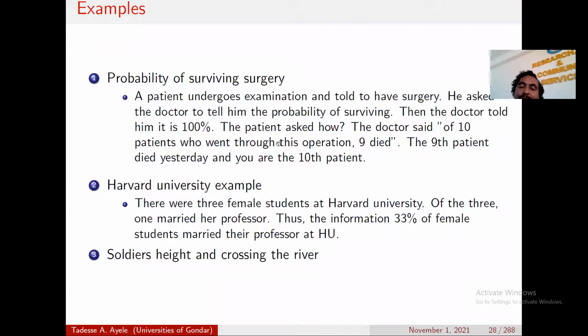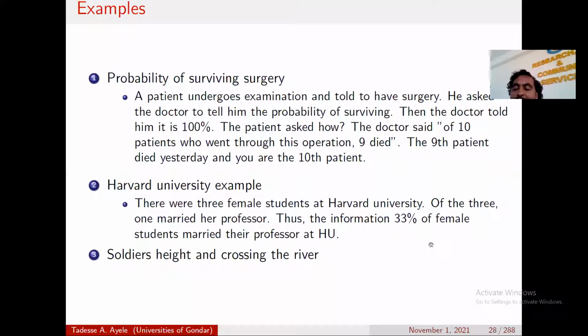That was the theoretical example. Now let me move to the second, the Harvard University example, which is often told. At Harvard there were 3 female students. Among the 3, only one married her professor. Then an article was written: 33% of female students at Harvard married their professor.